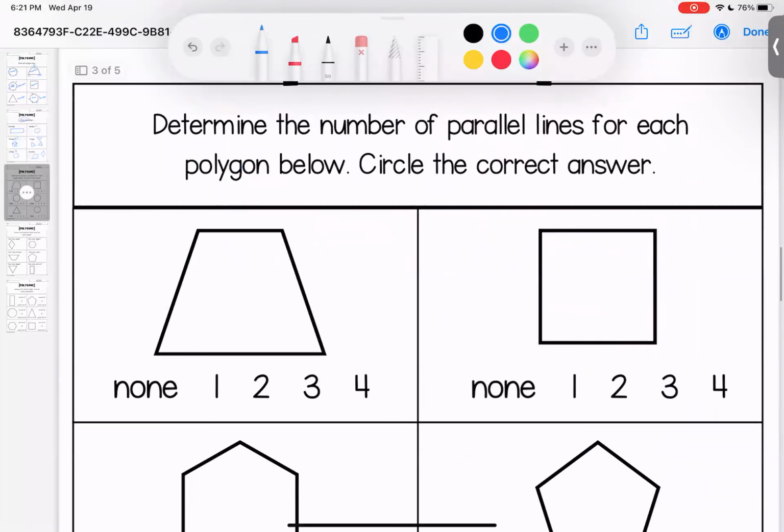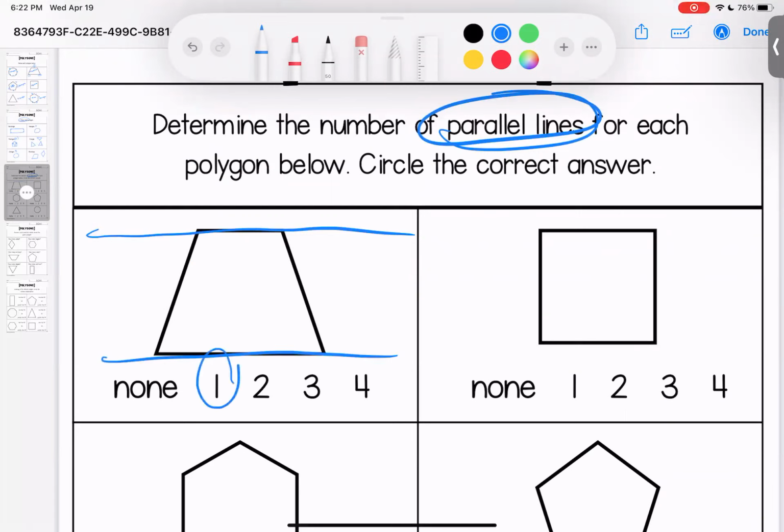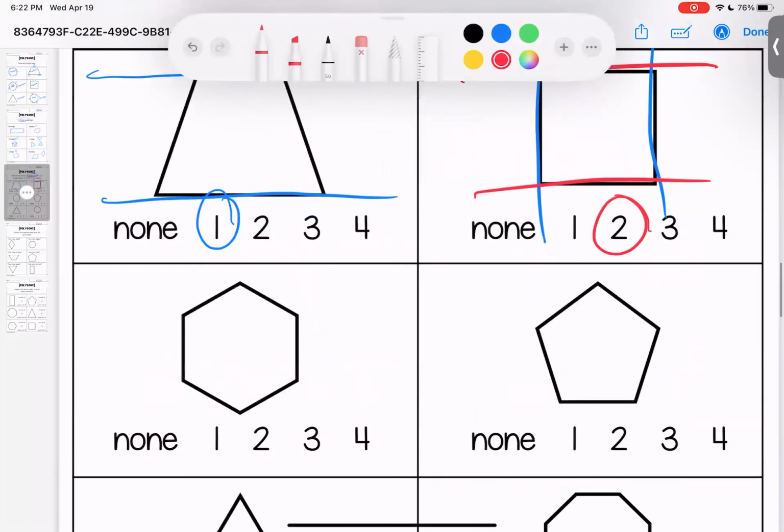All right, next page, we have to determine the parallel lines. Remember, parallel lines are the brother-sister lines, respecting each other's space, never crossing. So if we're looking at this trapezoid, it has 1 pair of parallel sides. This square has 2 pairs of parallel sides.